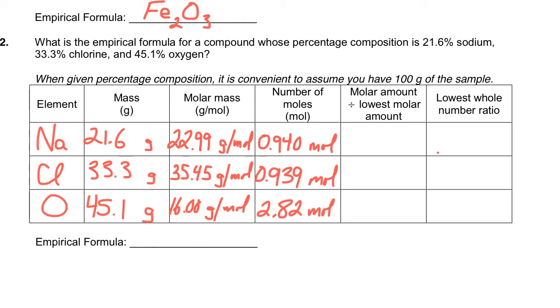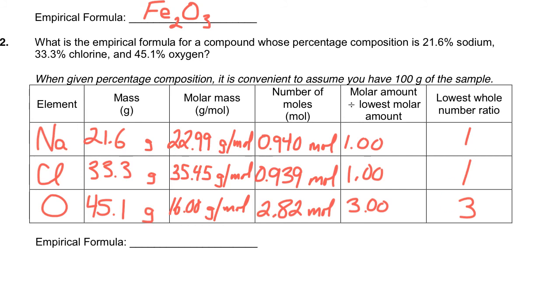I'm going to do the same thing as before to find the ratio. So I'll find the smallest value, which is this one, 0.939, and I'll take each molar value and divide by the 0.939. So for this calculation, the numbers end up being a lot nicer. I already have 1, 1, and 3. So I don't have to do any extra math to find my whole number ratio.